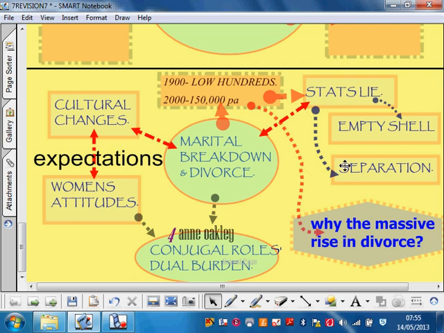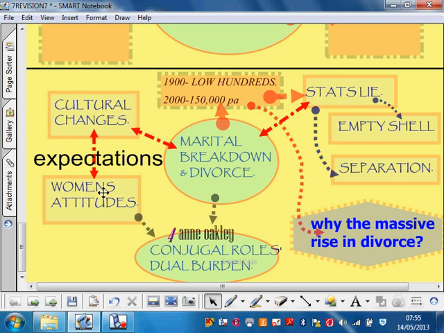Some people in the past used to separate instead of getting divorced. Some people used to stay with their spouses even though they hated them. It's called an empty shell marriage. So it wasn't that 100 years ago everyone was happy and now they're miserable. It's more that the laws changed, the culture's changed. In particular, when we say cultural changes, people's expectations of marriage have changed.